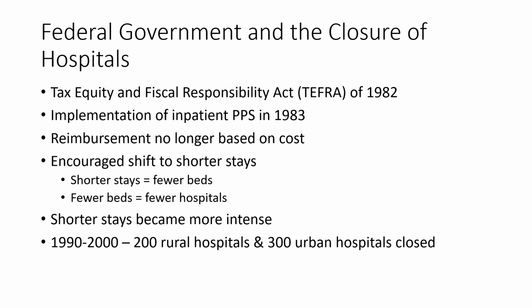So between 1990 and 2000, 200 rural hospitals and 300 urban hospitals closed. So just as we get to that magic number that Hill Burton was trying to get to in 1980, 2 years later, the federal government reverses course, changes the way that they reimburse hospitals, and quite effectively causes 500 hospitals to go out of business in short order.